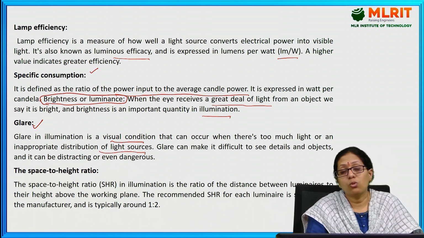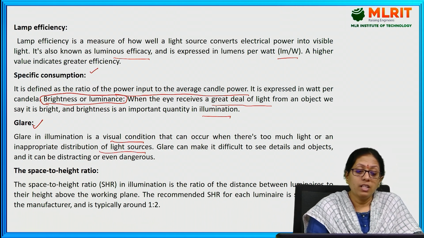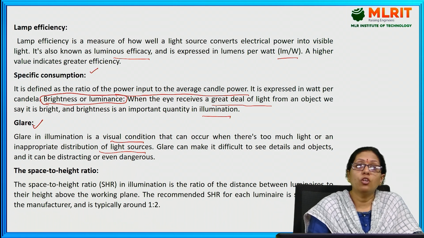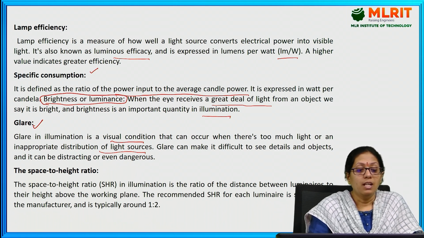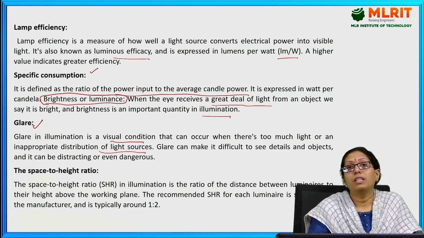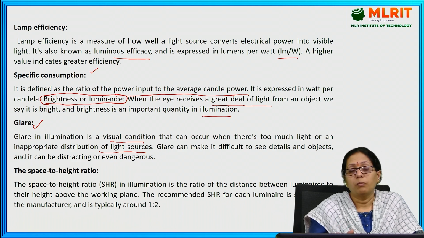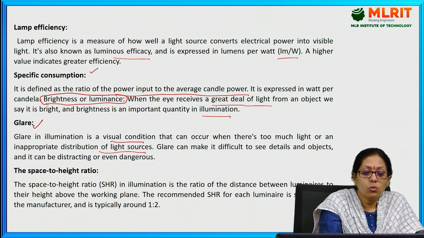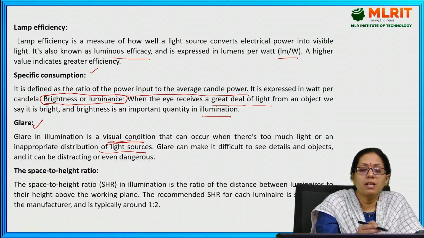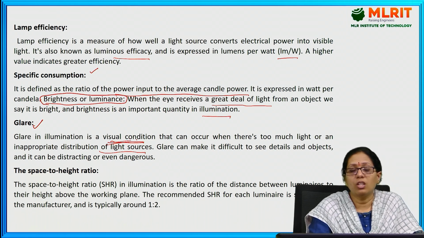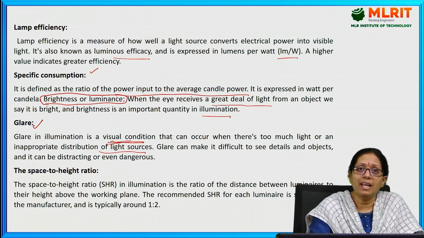When the light sources have inappropriate distribution of light, the light which is falling on the object may not give a clear vision. So this disturbance in the visual condition, you will call it glare.